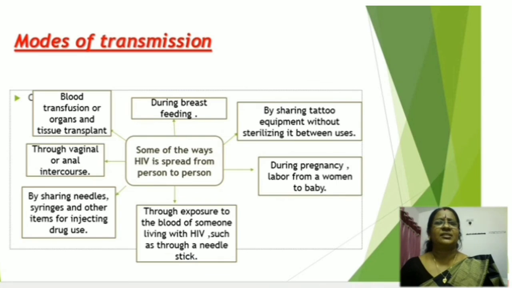How is HIV transmitted from one person to another? The first is through sexual contact. The second is through infected syringes and needles. The third is through contaminated blood transfusion. And the fourth is from an infected mother to the fetus.